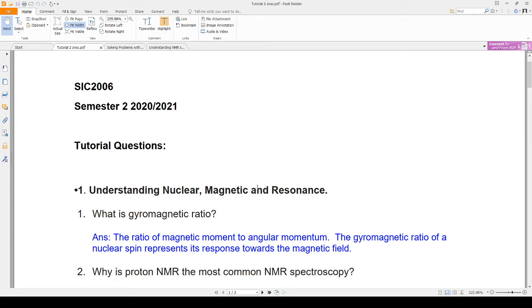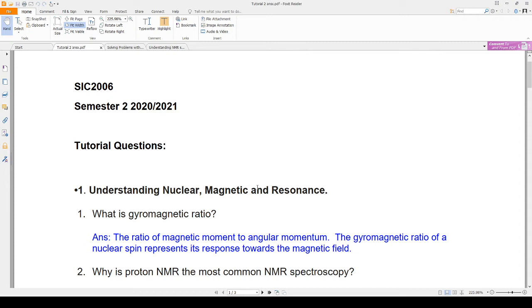Okay, let's not waste time. Let's look at the first question. What I've done, as you can see, is categorize the questions based on the 10 main topics, so that your thoughts are organized and you follow through what we have actually done.